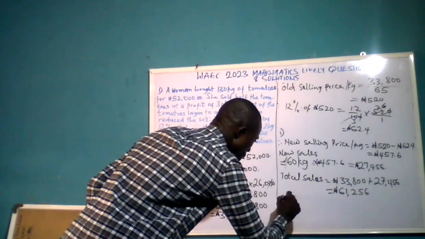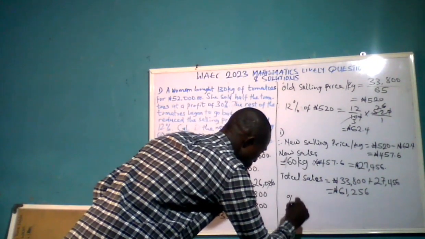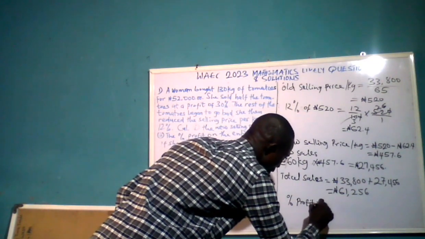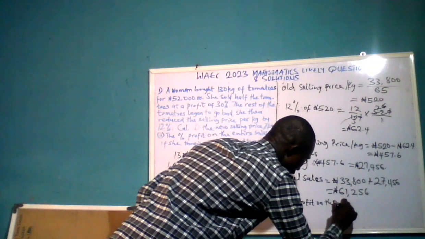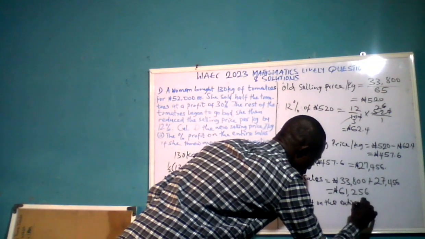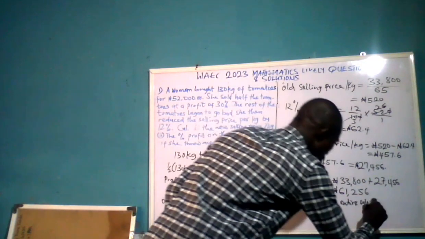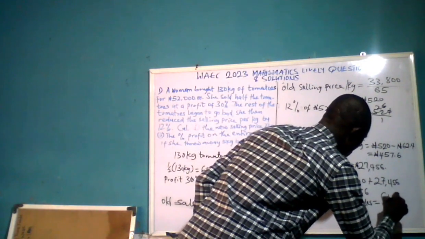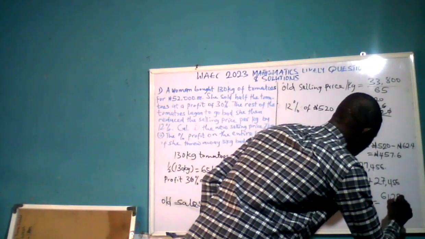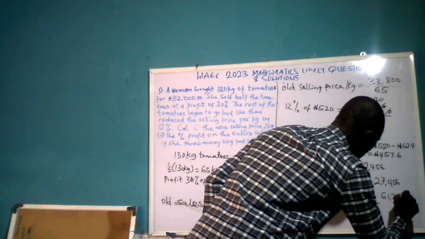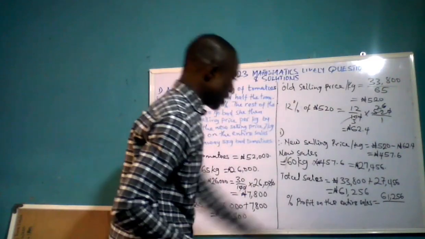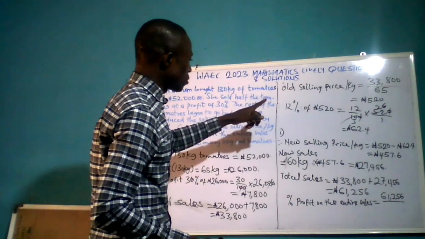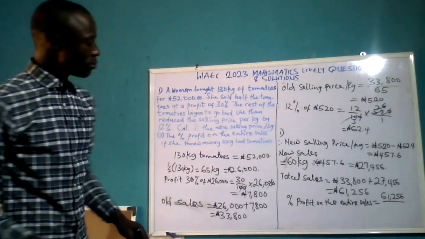Let's see, the percentage profit on the entire sales will be equal to 61,256 all over the sales made.